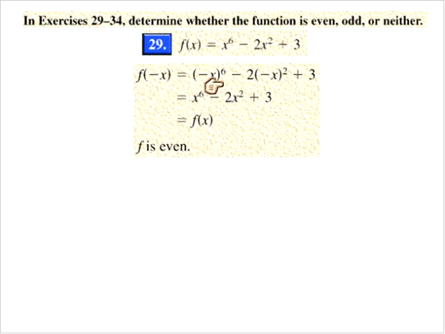So I get x to the 6th. There's my negative 2. Then I have negative x squared, so that's positive again. So I get negative 2x squared. And then I have that plus 3. Notice that that is the exact same thing that I started with. So because f of negative x equals f of x, I know that this is an even function.